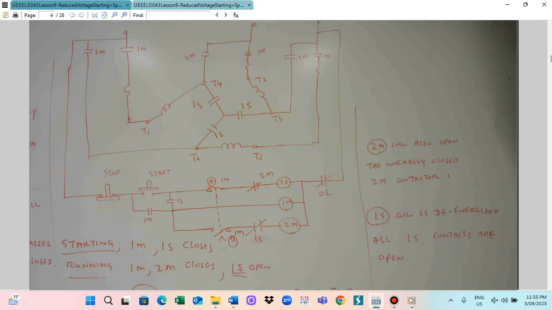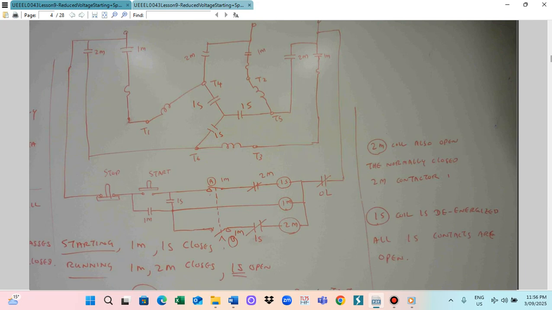The motor will start with reduced voltage because the star connection is closed. So the motor is connected in star, and it starts with reduced voltage. And then after some time, the 1M contactor is energized.